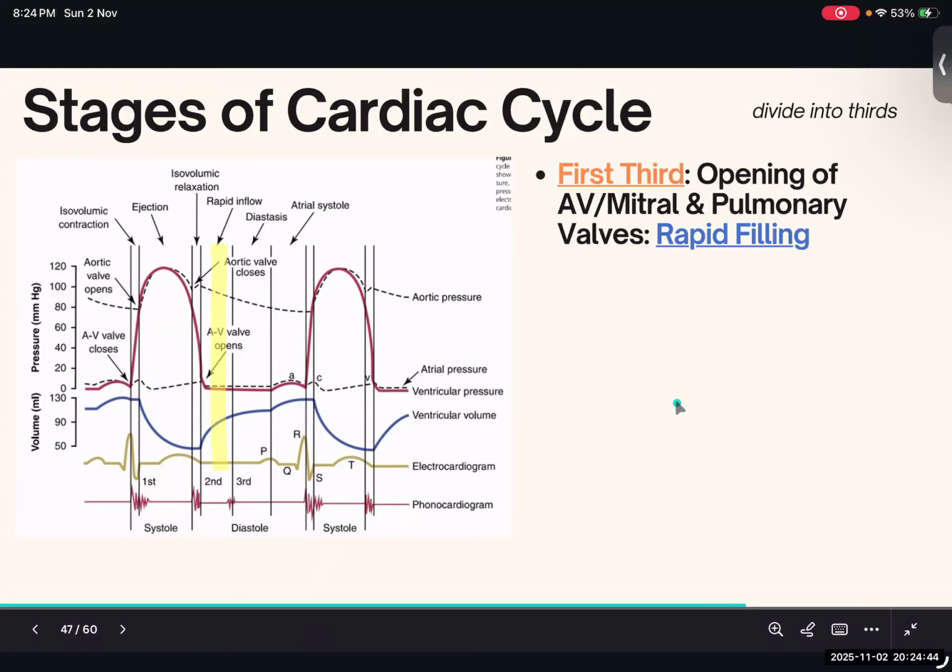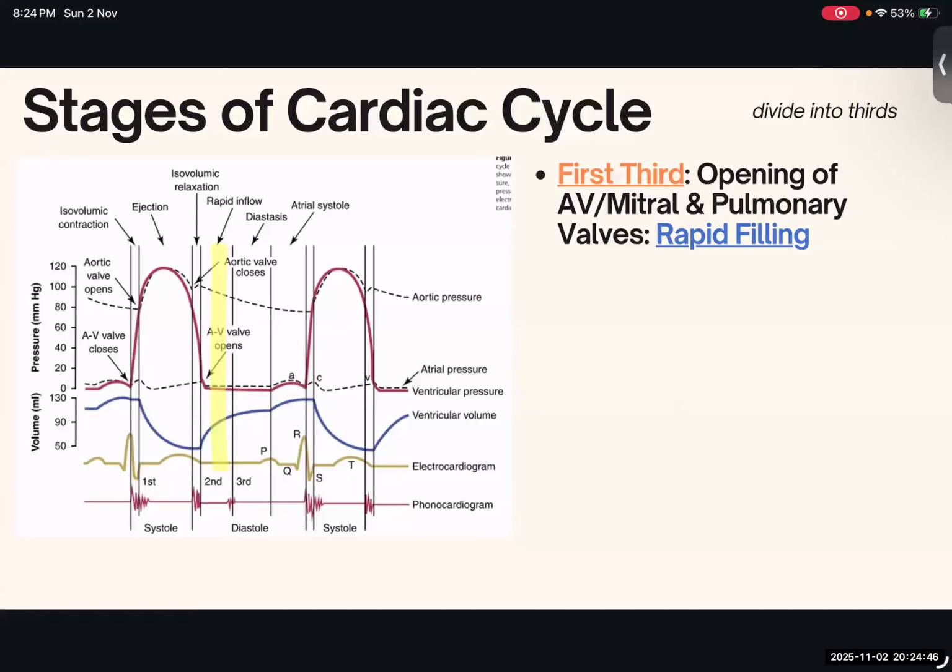The first third is going to be the opening of the atrioventricular valves, the mitral and the tricuspid. Now, why do they open? It's because the pressure from the contraction of the left ventricle is gone now, and it allows for the valves to open.